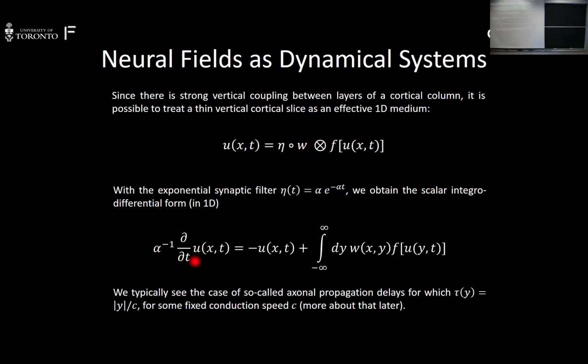It's going to be telling us how activity evolves over time, just in one dimension. So we have just one spatial dimension x, and the main thing that's interesting here that we're going to mainly talk about is this integral over space, dy, w(x,y).